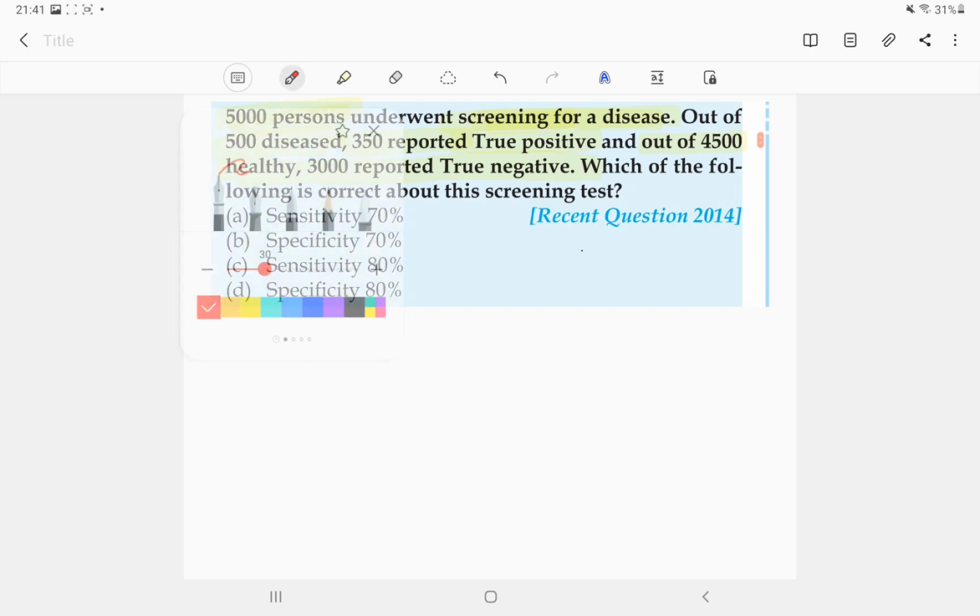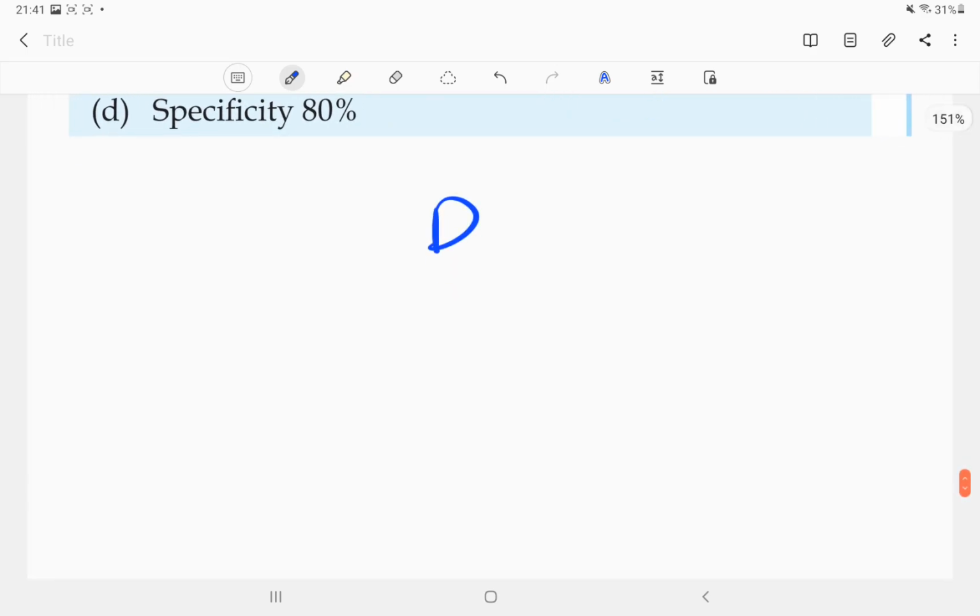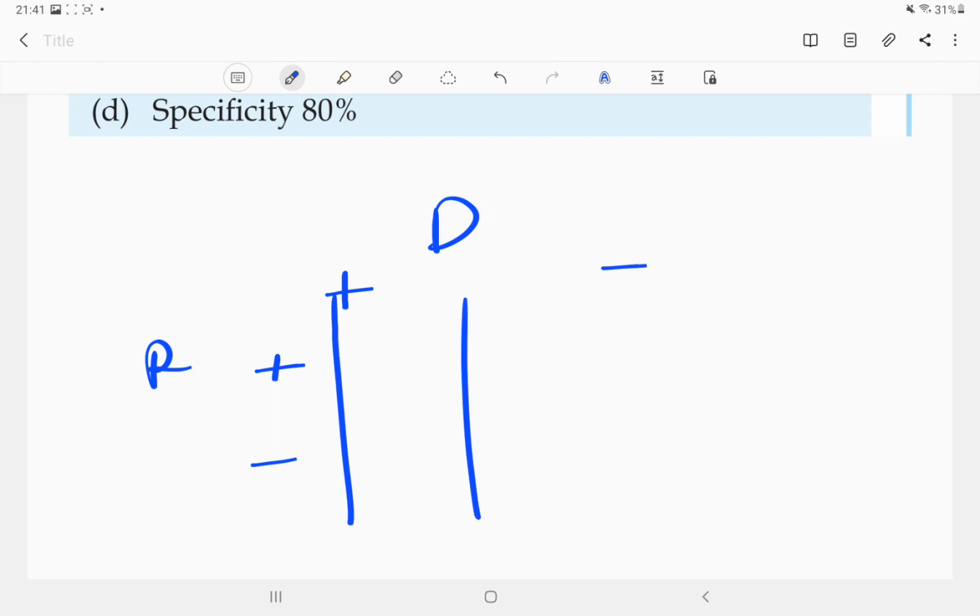So first of all we'll make the 2x2 table. In the 2x2 table, the trick I told you: D on one end and R on the other end. Okay, so D positive, D negative, R positive, R negative, and we can construct this table.